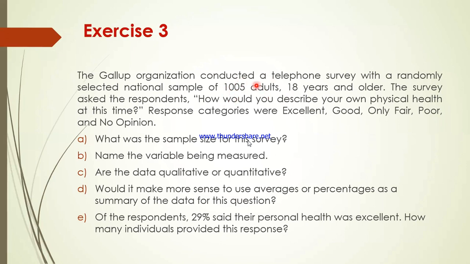Out of these 1,005 adults, 29 percent said their personal health is excellent. To identify how many individuals provided these responses, 29 over 100 should be multiplied by 1,005. It's nearly 291.45 respondents. Usually we give respondents as an integer, right? So 291 or 292, both are possible. So 291 or 292 respondents said their personal health is excellent, right?